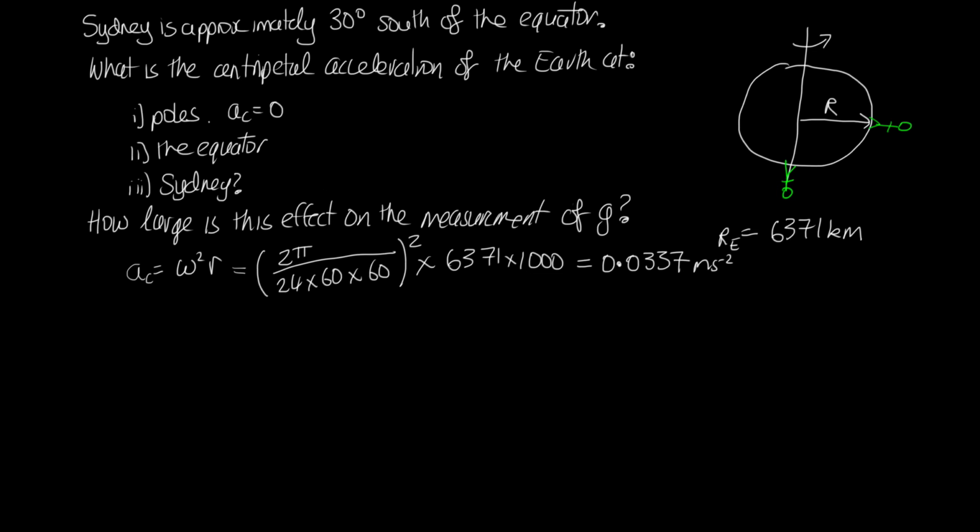Now at Sydney, we're told in the question that Sydney is about 30 degrees south of the equator. So here's our person standing here, and this angle in here is 30 degrees. The person is going to trace out, as they go around with the Earth, a circular path like this, and the radius of that path in this case is going to be this length, which is given by r cos 30.